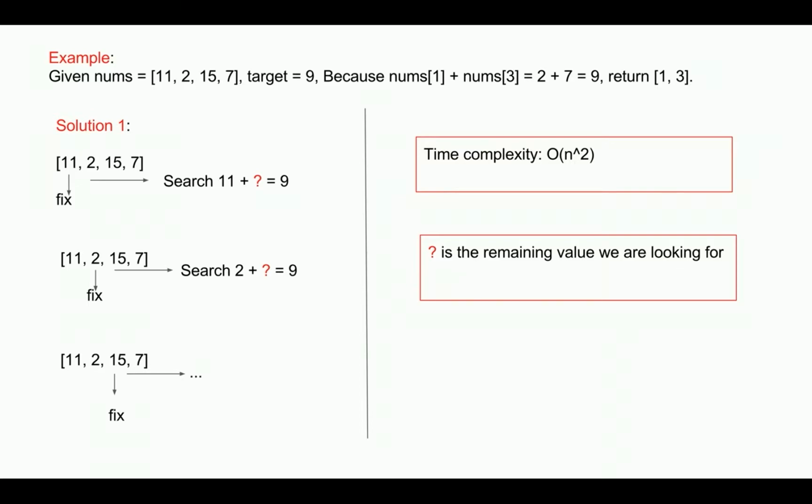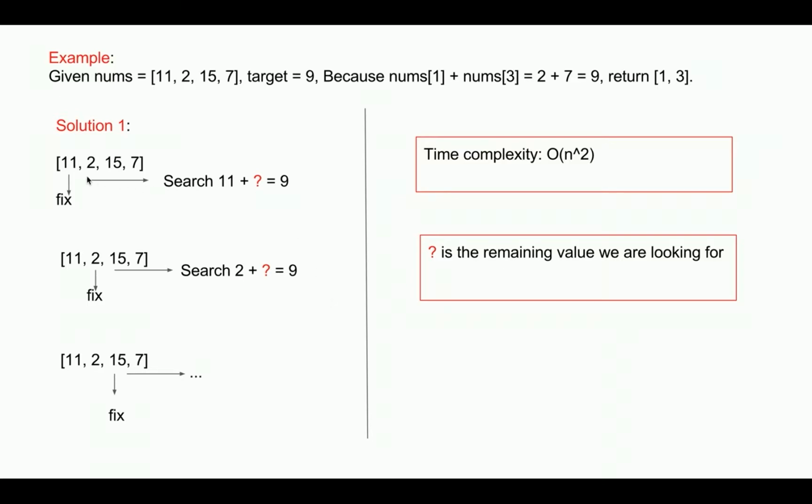So how can we make the solution more efficient? Basically, how can we make the searching of the remaining value more efficient? The answer is to use a dictionary to keep track of the value we are looking for.